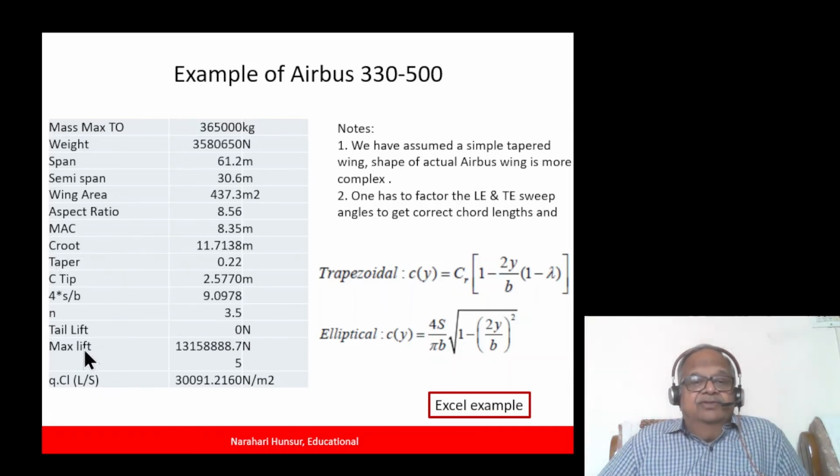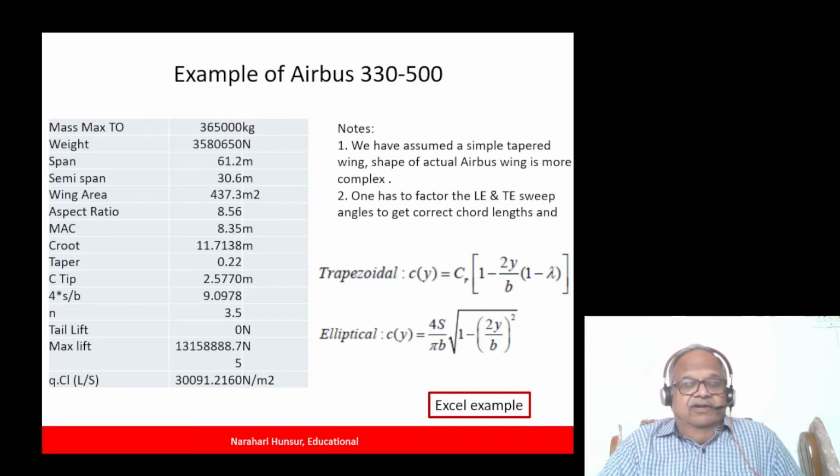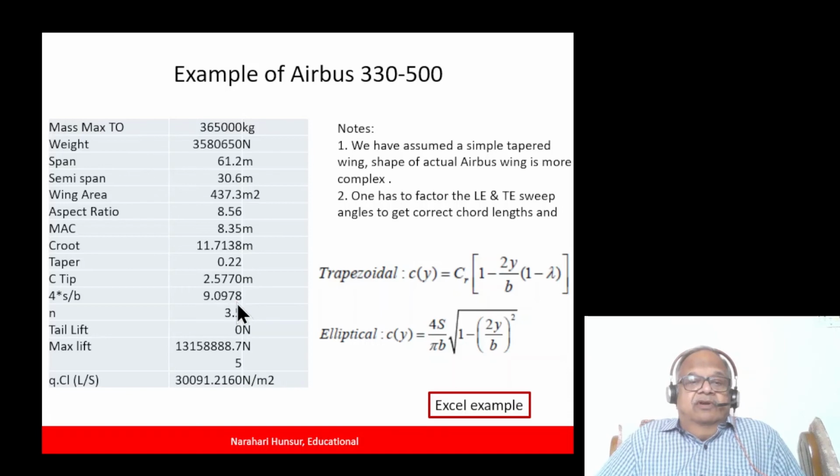The maximum lift I have used as before, this mass into 3.5. 3.5 is the safety load factor every commercial aircraft has to be designed for. It's not that they are going to fly at 3.5 G load. It is that the structure has to withstand that. That is, the N is 3.5 for a commercial airplane.